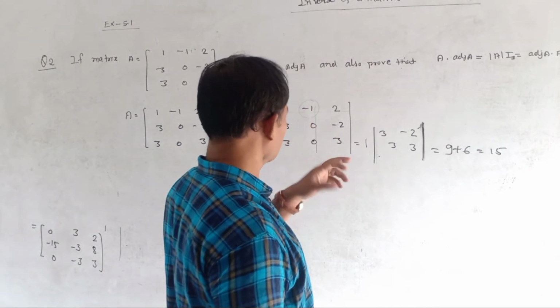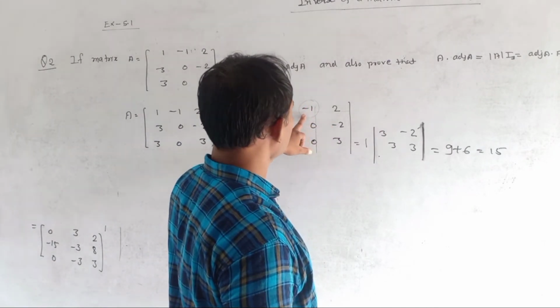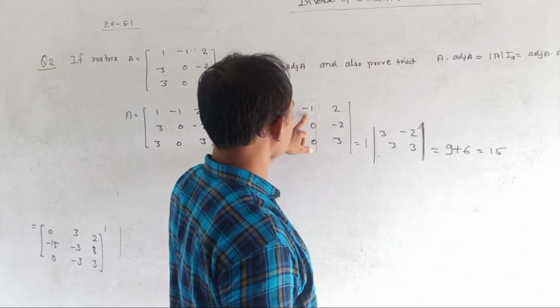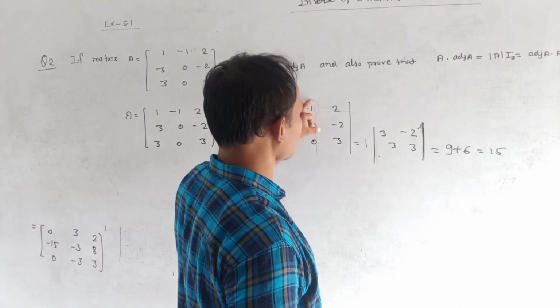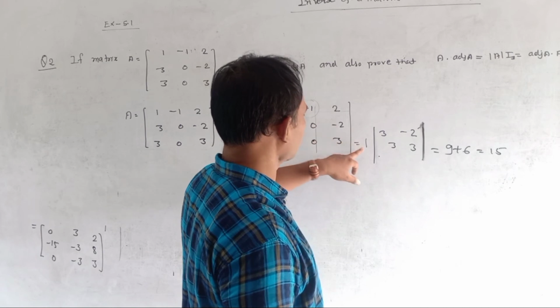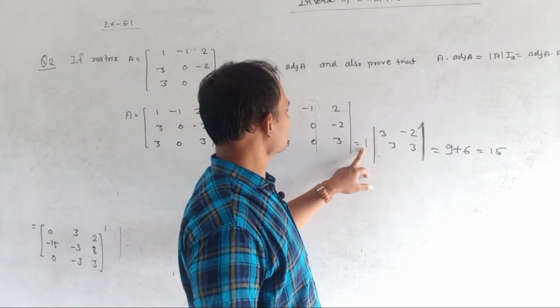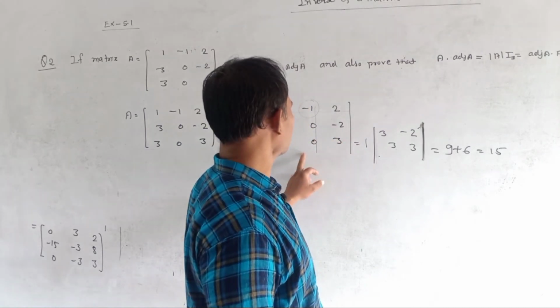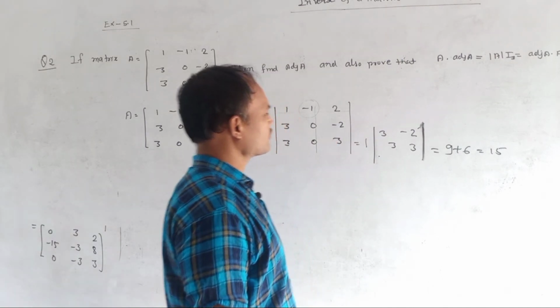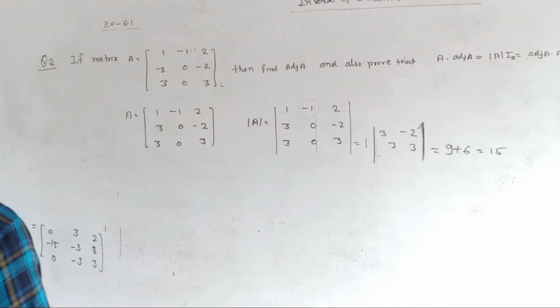But we have to use a negative sign before it, because there is a negative sign already, so it is 9 minus minus plus, so it is 9 plus 6, so it is 15. Okay, so it is clear now, the value of the determinant is 15.